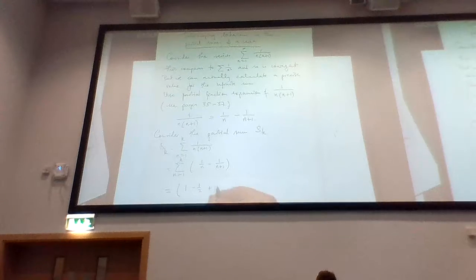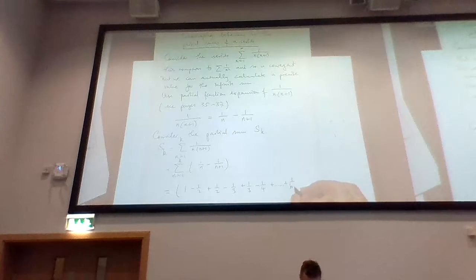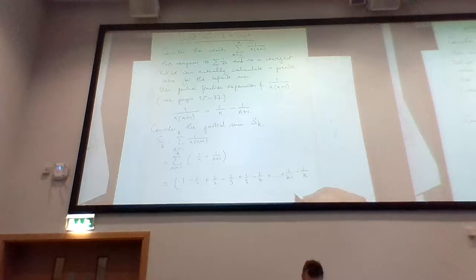When n is 2, you get a half minus a third. When n is 3, you get a third minus a quarter. This pattern keeps going until when n is k minus 1, you get 1 over k minus 1 minus 1 over k. And when n is equal to k, finally, you get plus 1 over k minus 1 over k plus 1.